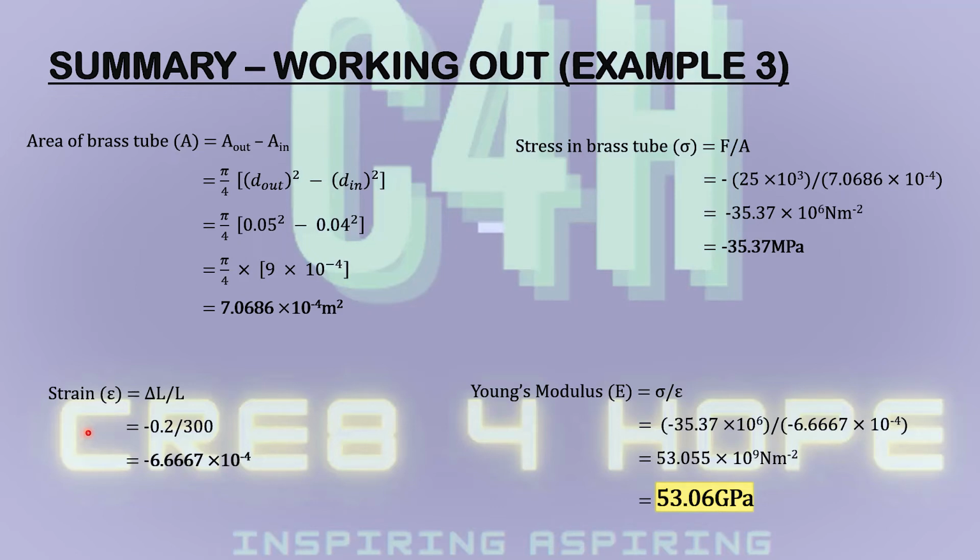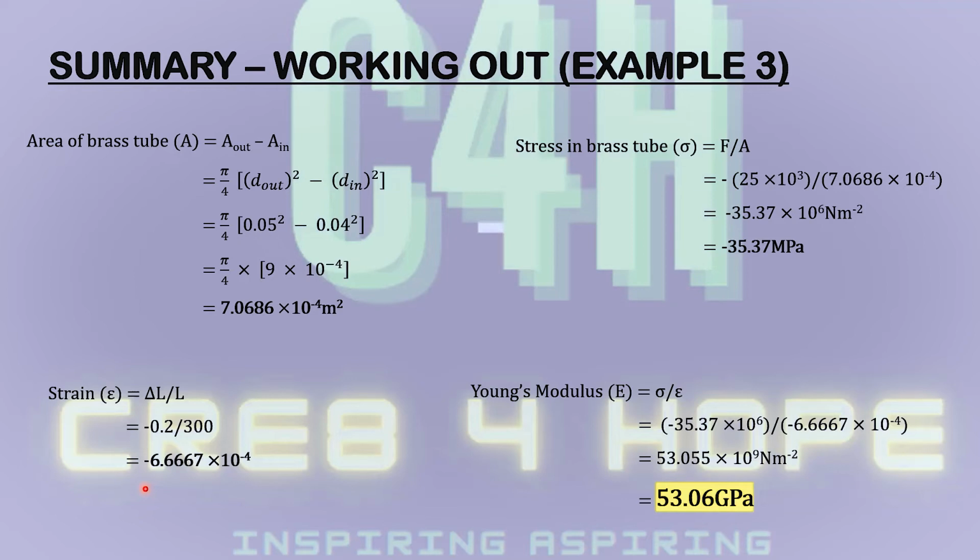If we use the formula, strain, which is characterized by epsilon, is equal to delta L divided by L, that will be equal to minus 0.2 divided by 300. If you want to, you can convert the lengths into meters, and you still get the same result. So the result that we get in terms of the strain is minus 6.66667 times 10 to the power minus 4.